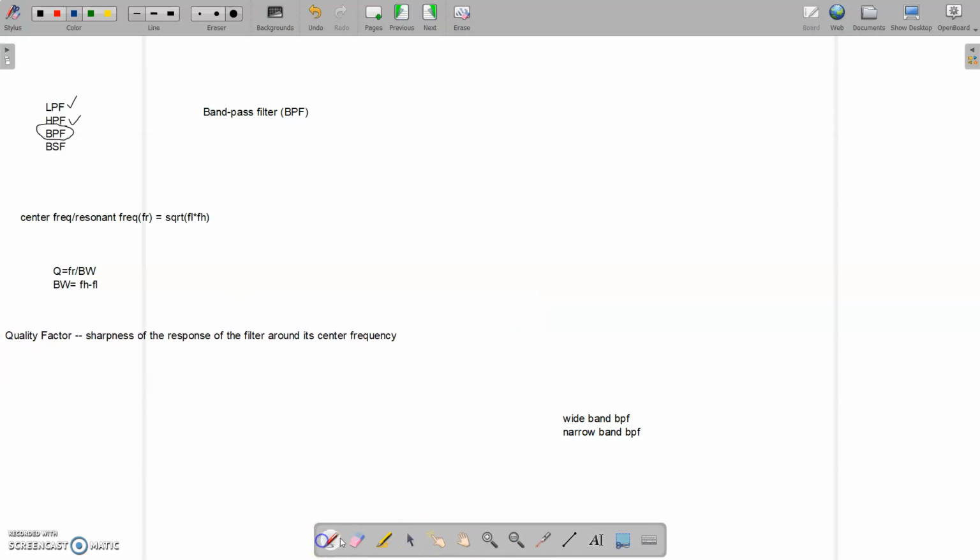Previously, when we designed our band pass filter, we wanted the curve like this. We wanted only this portion to pass, and we closed this portion. We don't want this portion; only this was my pass band.